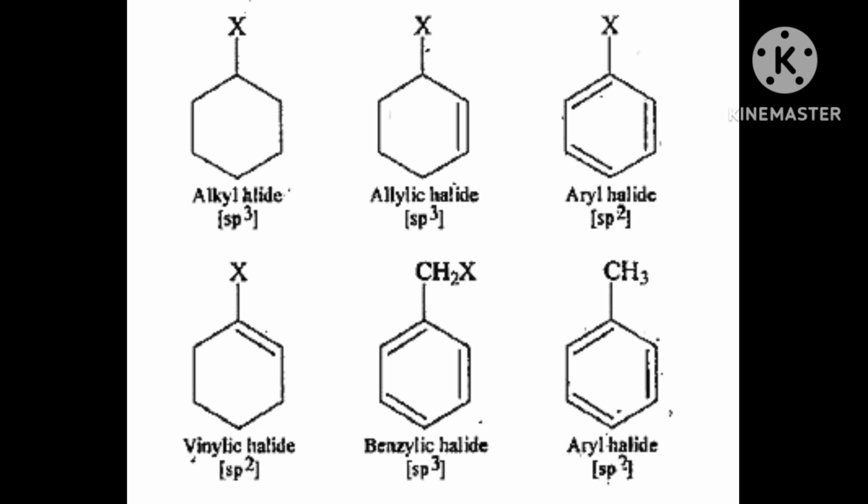Questions are asked, that's why I am telling you other names also. Generally a structure will be given, and if a structure is given, then you have to write the IUPAC name, or when the IUPAC name is given, then you have to write the structure. Two types of questions are asked in nomenclature.